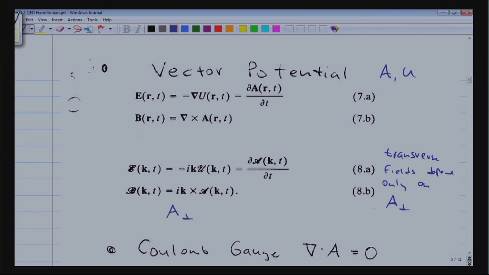And the transverse component is gauge invariant. In other words, there are different gauges we can consider when we introduce electromagnetic potentials, but the choice of gauge does not affect the transverse vector potential.